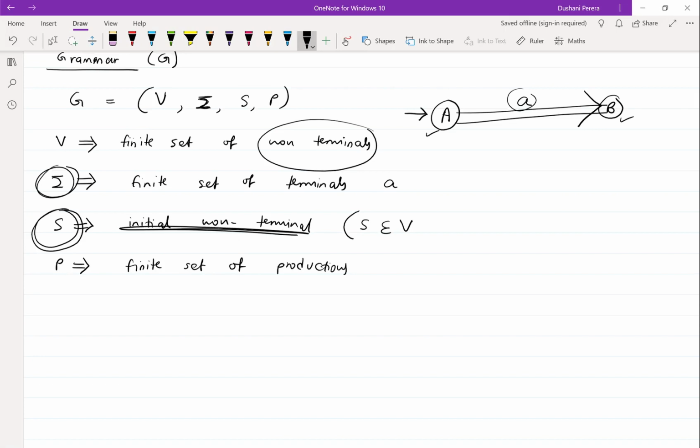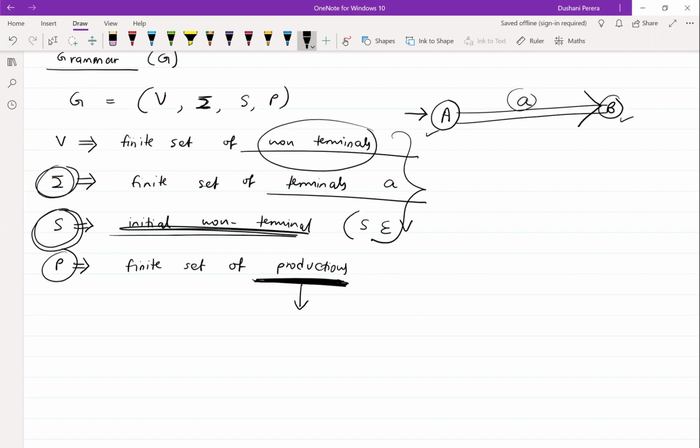Then P, finite set of productions. What is this term productions? Let's discuss what a production is. I hope these three are clear: what a non-terminal is, what a terminal is, and what the initial starting state is.